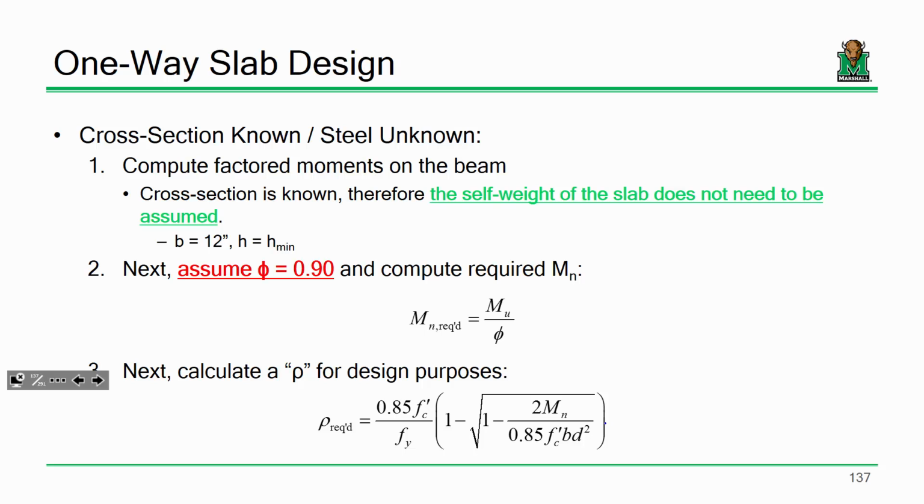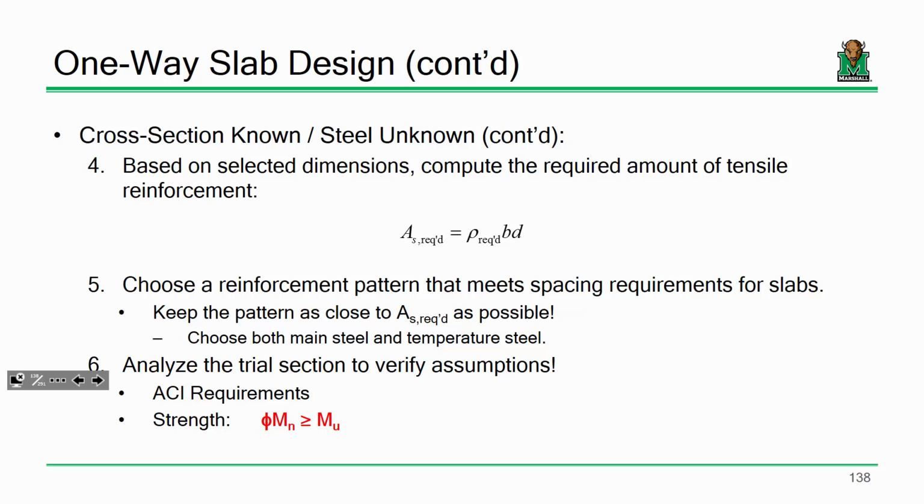When you know what it looks like, you can derive. So this is that derived formula. Calculate rho required. Take that to calculate rho bd, your required area of steel, pick some steel, and there you go. That's it. Okay? Now, you have to choose both main steel and temperature steel, so we'll look at that.